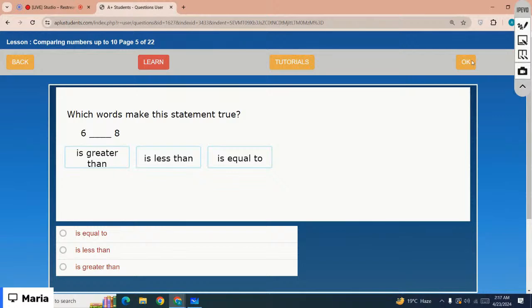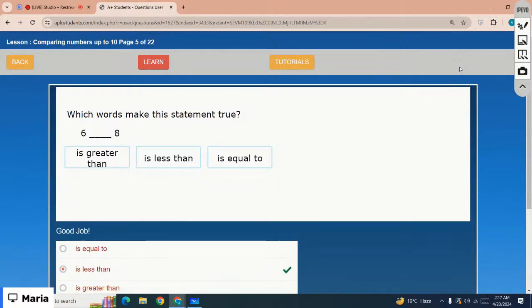When you count, 6 comes before 8, right? That means 6 is less than 8. The correct option is less than.